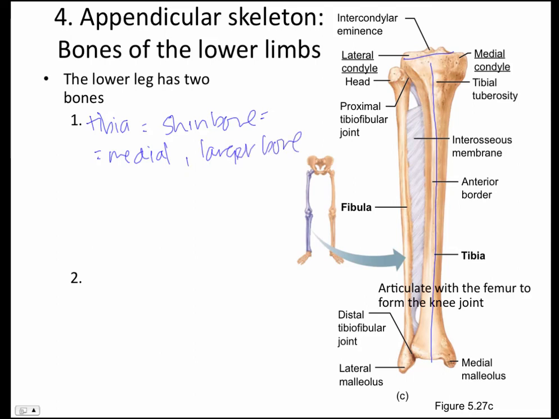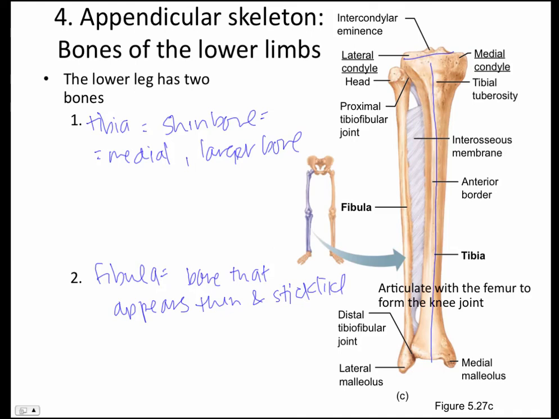Okay, then we have the fibula. This one is a bone with a thin and stick-like appearance, and it's lateral to the tibia, so lateral meaning more outwards.